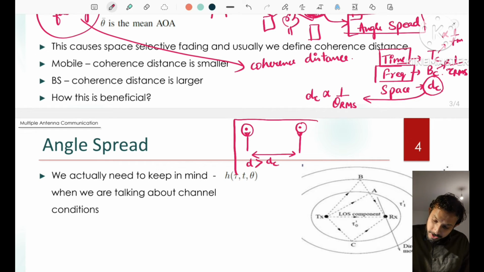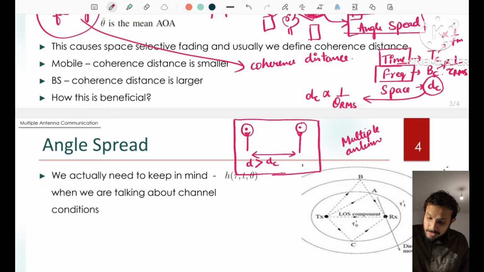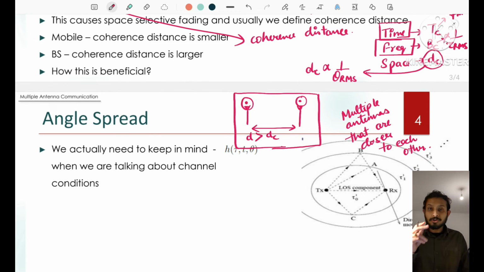Because of this property, we can have multiple antennas that are closer to each other. And this is only possible if we have a very small coherence distance.